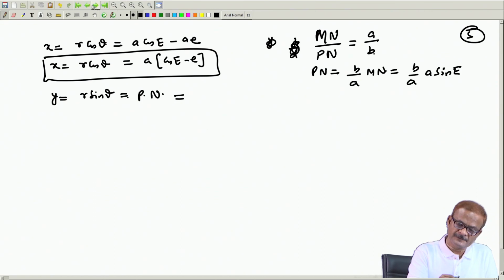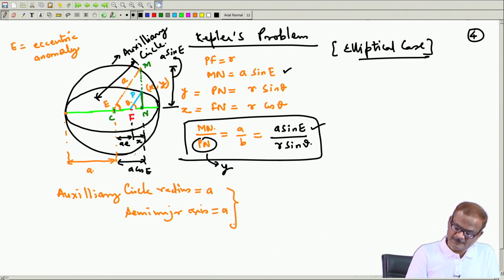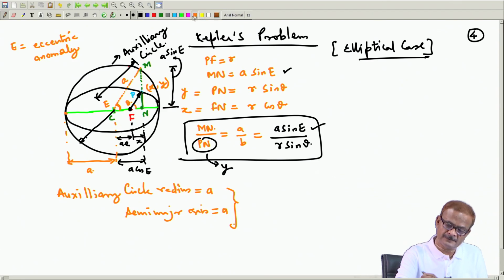See, there is a difference between this r and the radius of the earth. r we always measure from this point, the focus, where r is any point on the ellipse, while the radius of the earth is indicated by the distance from this point to this point.